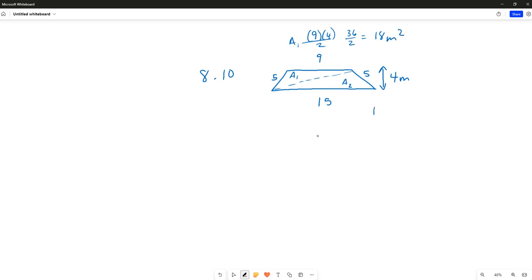Then the area of 2 is going to be 15 times 4, which is 60, divided by 2, which is 30 meters squared. Then you would add those two together, 30 meters squared plus 18 meters squared, which equals 48 meters squared. Okay, so that's how you do a trapezoid and a parallelogram.